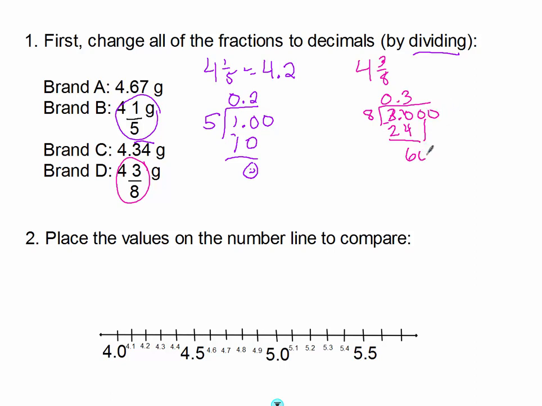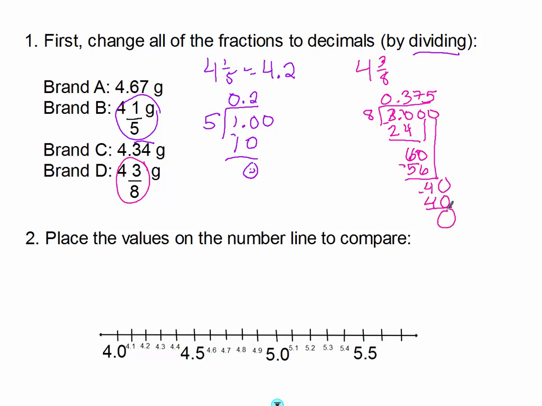Bring down another 0. 8 goes into 60 7 times, and 7 times 8 is 56. Again, we're going to subtract. We get a 4, not a remainder of 0. Bring down another 0. 8 goes into 40 twice, or I'm sorry, 5 times. 5 times 8 is 40.